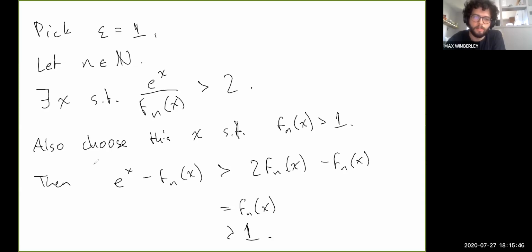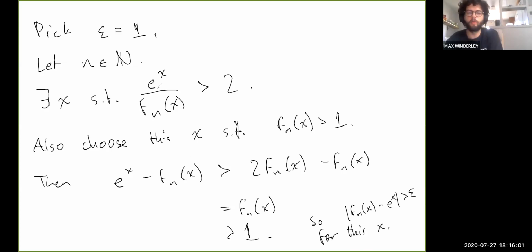So fn of x minus e to the x is greater than epsilon for this x. The point of all of this is that no matter how big n is, I can always find a value of x so that the distance between the limiting function e to the x and fn of x is bigger than this particular epsilon that I picked arbitrarily.